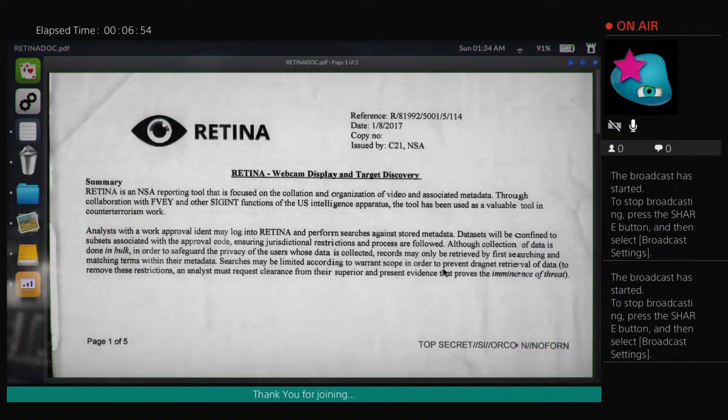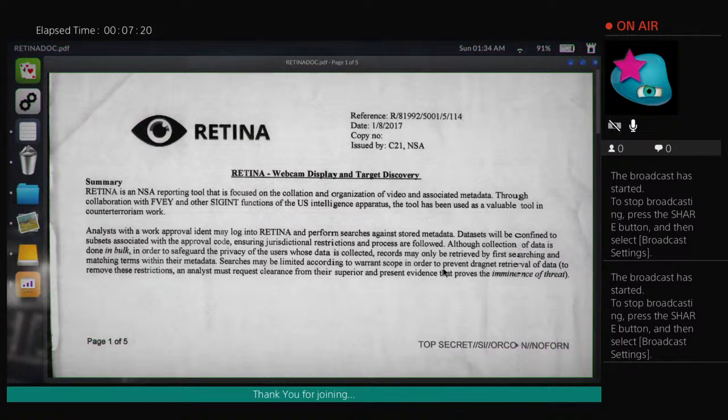Functions of the U.S. intelligence apparatus. The tool has been used as a valuable tool in counterterrorism work. Analysts with a work approval ident may log into Retina and perform searches against stored metadata. Data sets will be confined to subsets associated with the approval code, ensuring jurisdictional restrictions and process are followed.